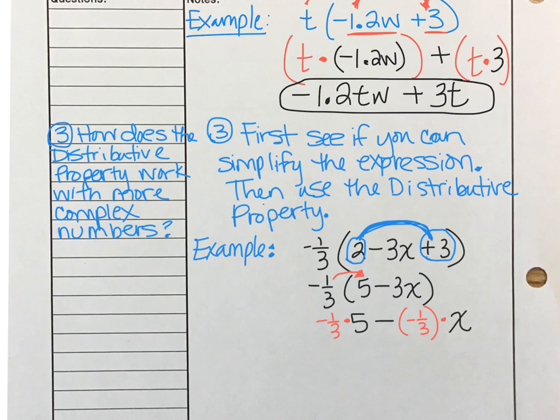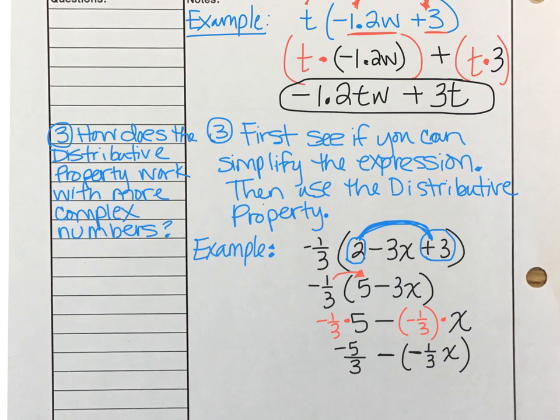So -1/3 times 5, remember that means to multiply your numerators and denominator. And when I see -1/3 times x, I can't actually do any multiplying there, but what I can do is simply take out the dot. Now, when you take a look at this expression, do you notice that you have subtraction and you have a negative term that follows it?